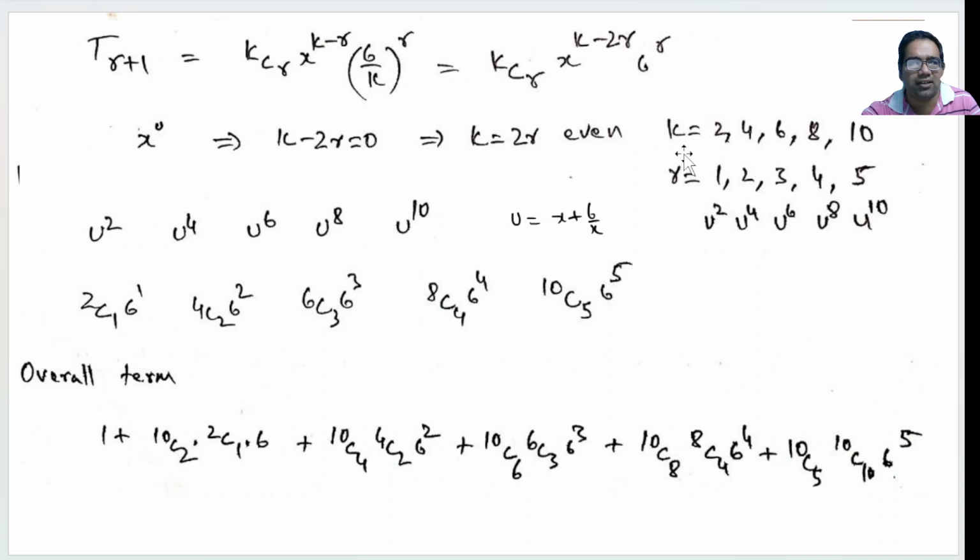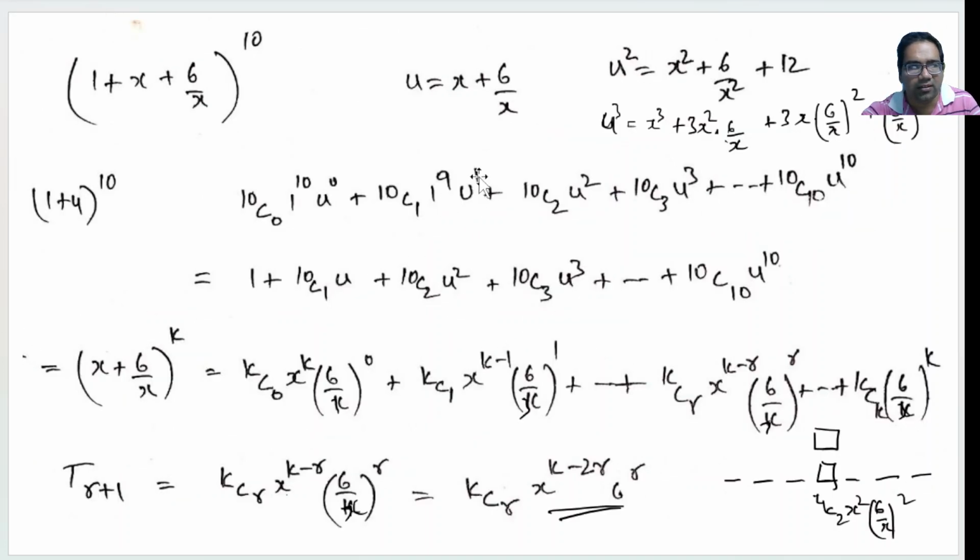What is KCR? It is 2C1 6 power 1, 4C2 6 power 2, 6C3 6 power 3, 8C4 6 power 4, 10C5 6 power 5. These are the terms within the expansion of u square, u power 4, u power 6, u power 8, u power 10.